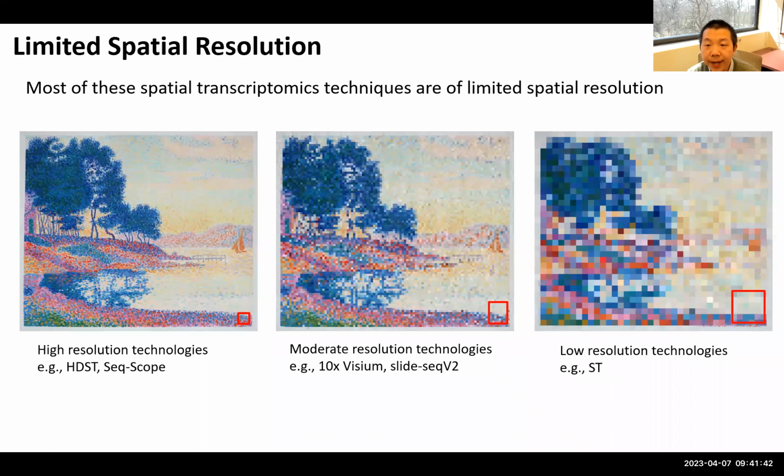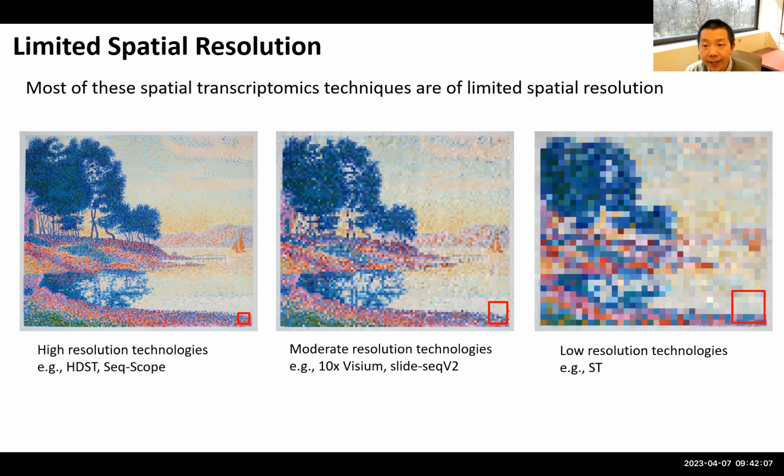For example, the 10x Visium technology, the most widely used commercial platform, measures gene expression on thousands of spots, but each spot is not at a single-cell level. Instead, each spot measures 2 or 3 different cells, or sometimes even more. So it measures the average gene expression of those few different cells in a localized fashion.